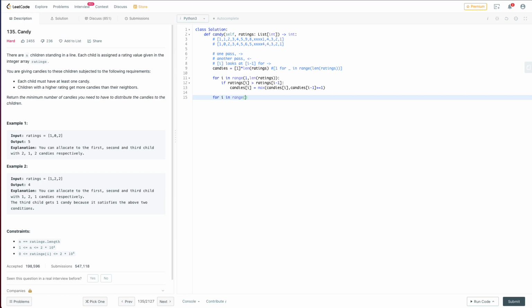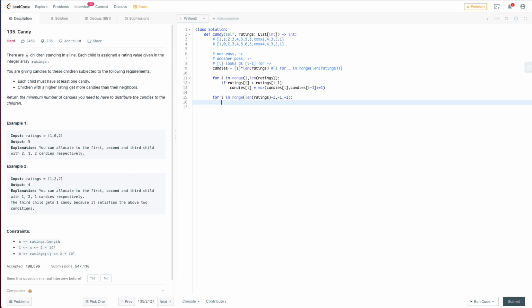For I in range, so now we're just kind of going back. So in this case, we're starting from here. Minus 2, right? And then going all the way to 0.